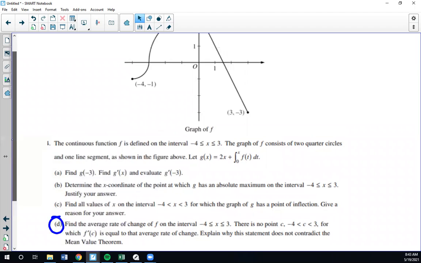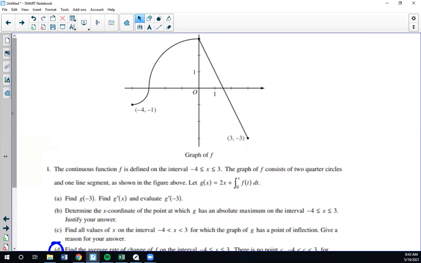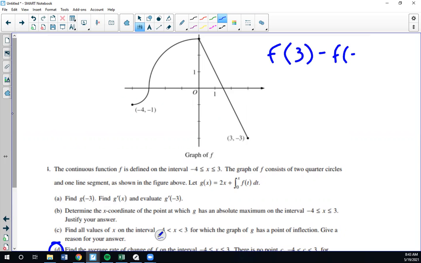So from -4 to 3, that means we are figuring out f of 3 minus f of -4 over 3 minus -4. f of b minus f of a over b minus a.